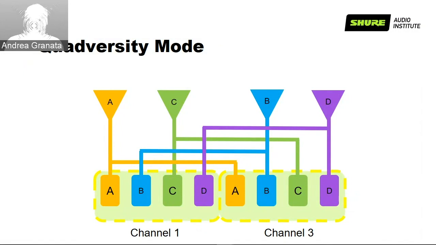Another way to use QuadVersity, the example is, I think it's a Taylor Swift concert that I saw recently. They were using QuadVersity. The problem there was a very high noise floor due to the multiple LED screens that were around.